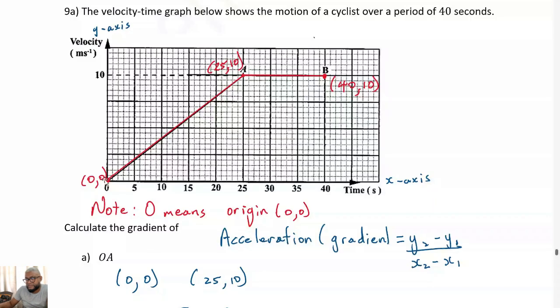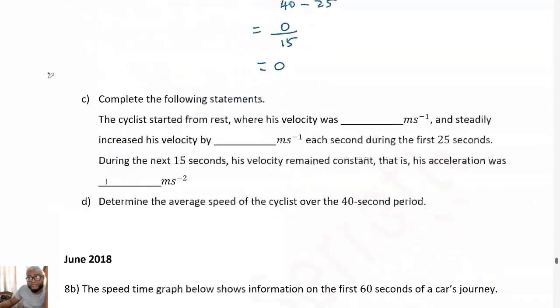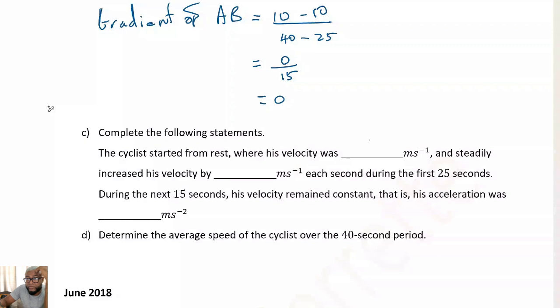At rest, meaning when you're stationary, your speed is going to be 0. So the answer here would be 0 meters per second.